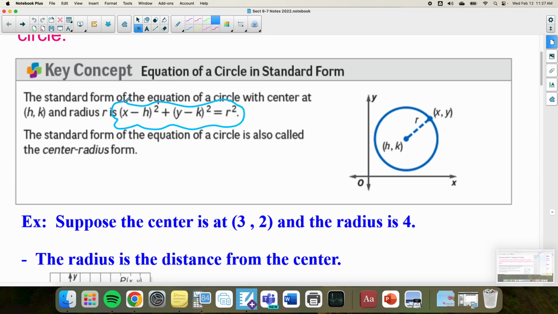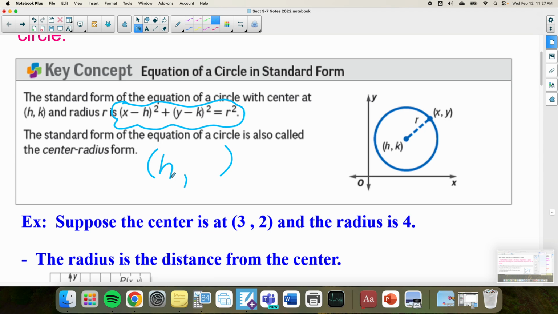And when you have the equation of the circle written out, you can tell what the center of the circle is by looking at this h and that k. So if this was x minus 2, the x coordinate of the center of your circle would be whatever h is.